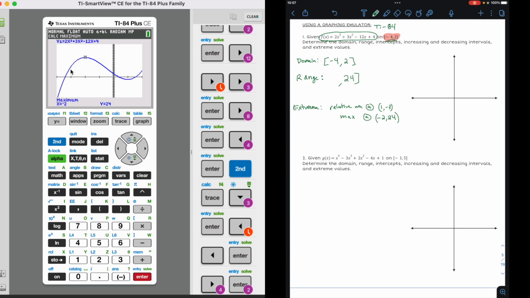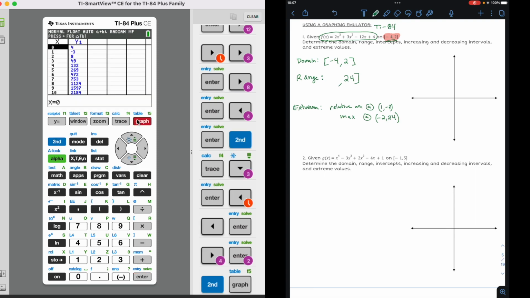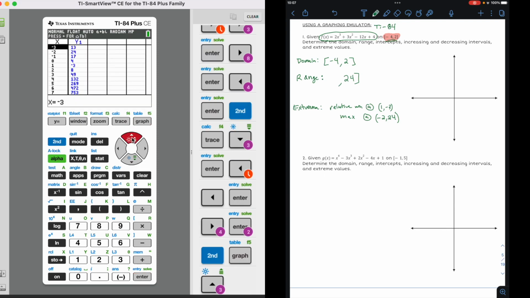Instead, if I know it's going to be when my window ends here at -4, I can actually go to this table feature. So I'm going to go to second table. And if I want to think about where x is -4, I can just scroll to that. And I can see y is -28. So my range is going to be -28 to +24, both inclusive.